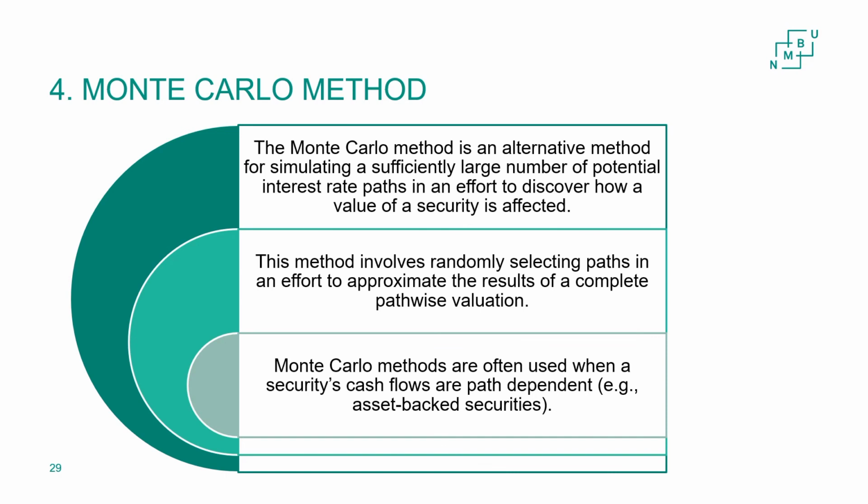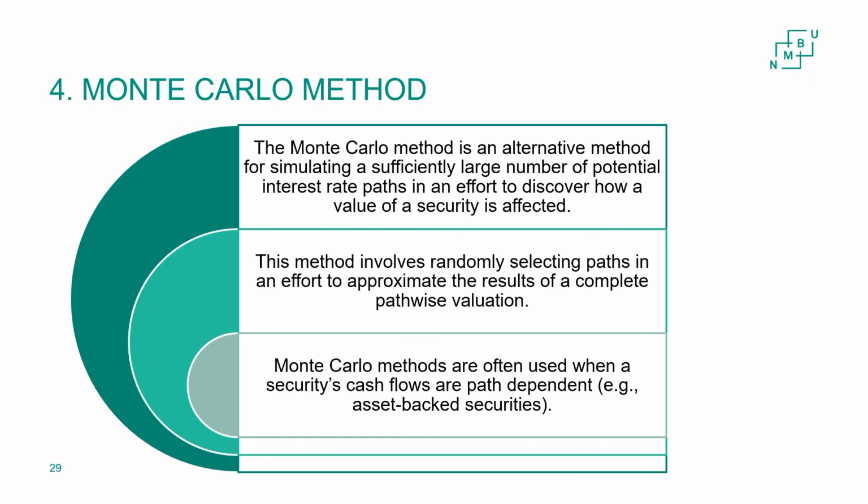So if you have this continuous case, then you have to use the Monte Carlo method to price your assets, and you just draw sufficiently many interest rate paths, for example 10,000 of them, and then you calculate the price of the bond for each path, and then you assume that all of these paths are equally probable.